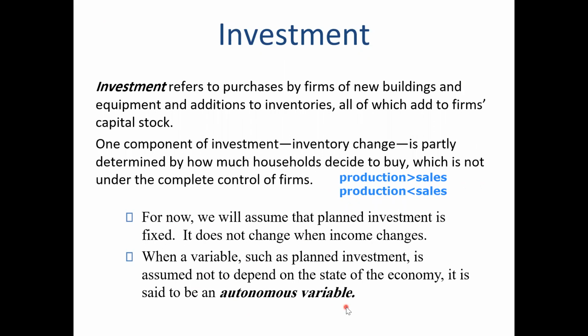So when we have a variable that doesn't change or doesn't depend on the state of the economy, like the planned investment, which we assume doesn't change when income changes, this variable is an autonomous variable.